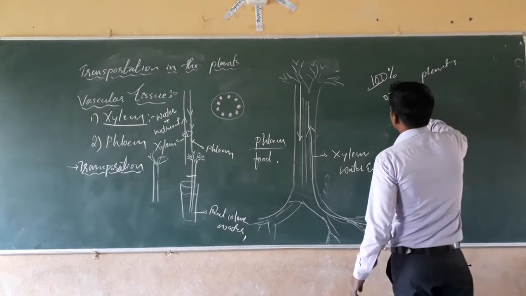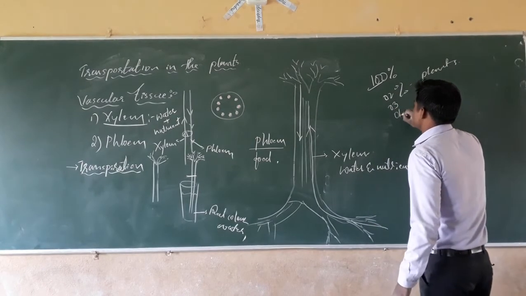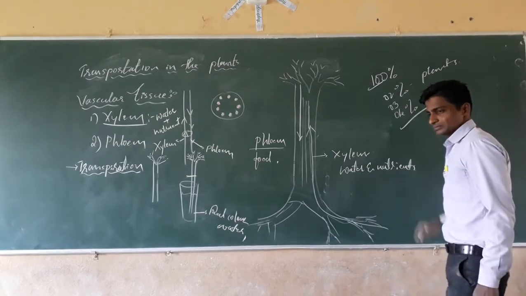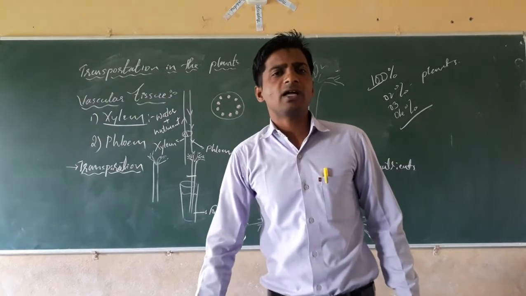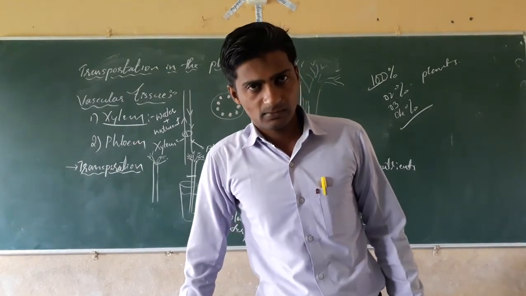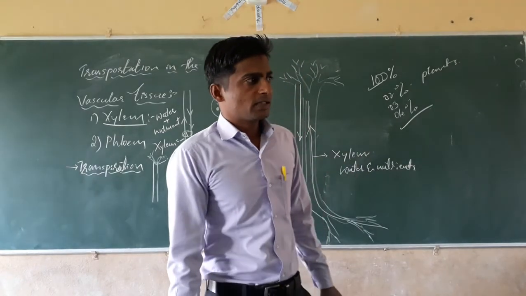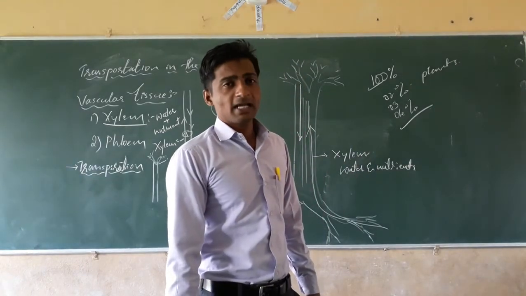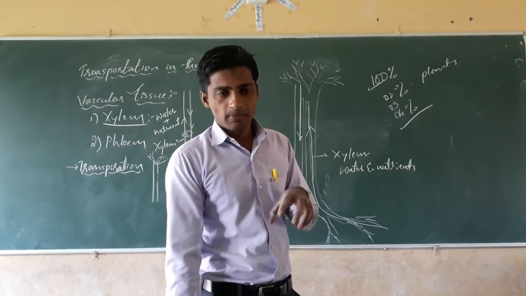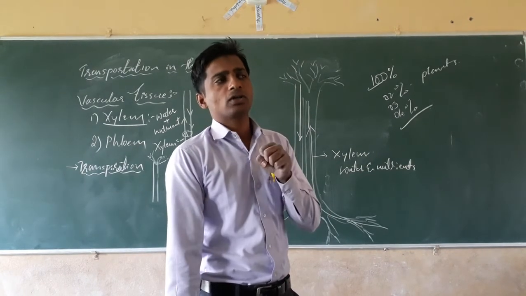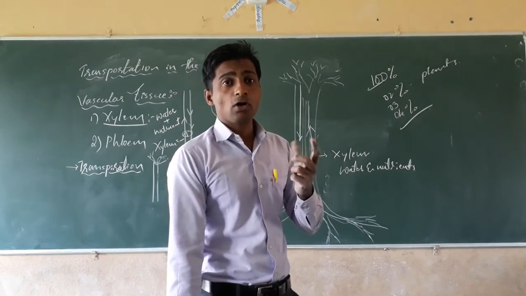Sometimes it may exceed to 3 or 4%. Plants need only 2% of the water we have given. Sometimes the plant takes more, excessive water, then it has to remove that water.